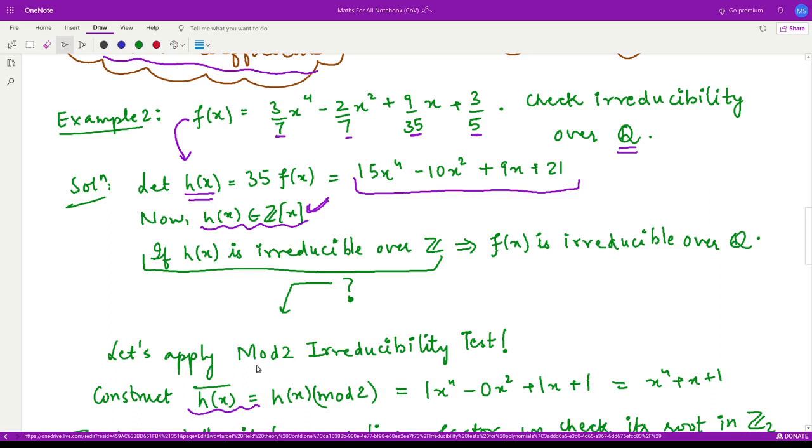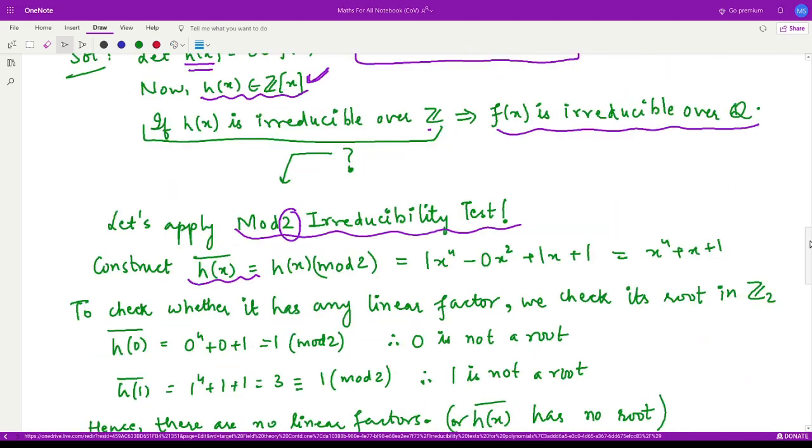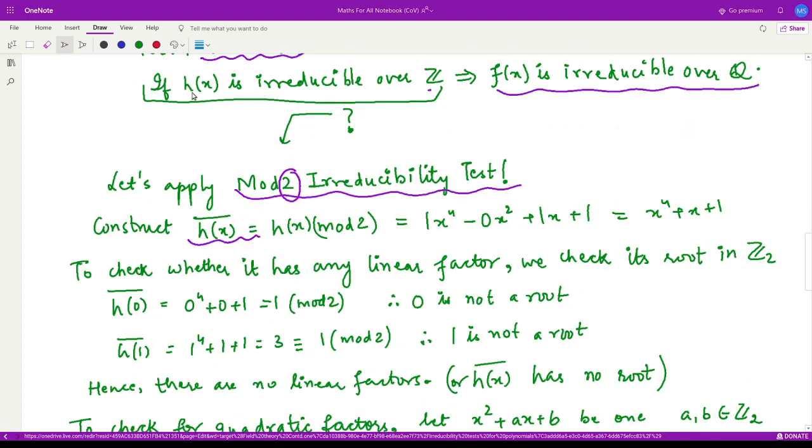So we'll start with the mod p irreducibility test by testing for the prime 2, right? If the polynomial hx is irreducible over Z, then according to test 1 in this video, this fx will also be irreducible over the field of rational numbers. So we first convert hx to h bar x and we test it for mod 2.